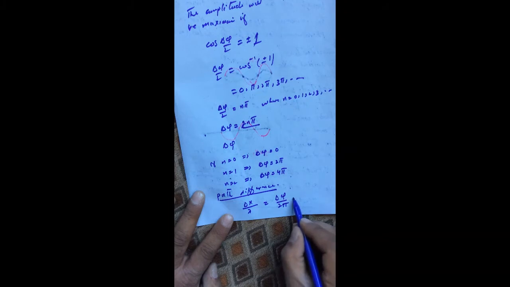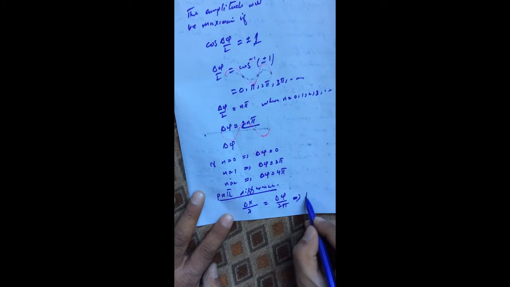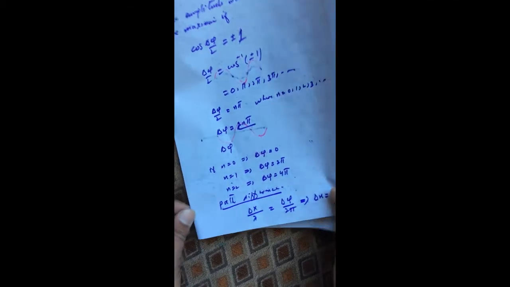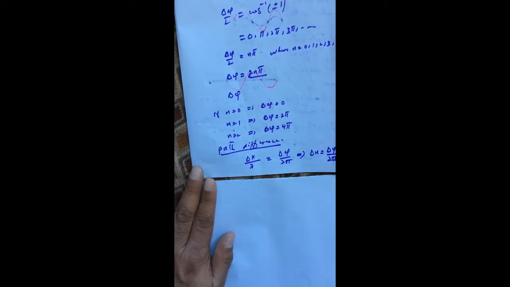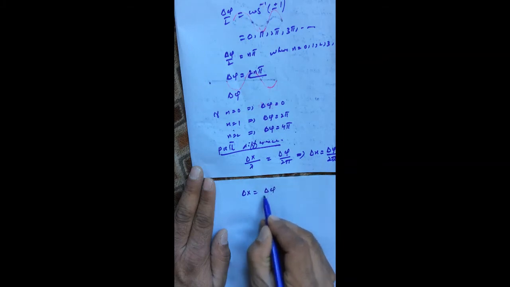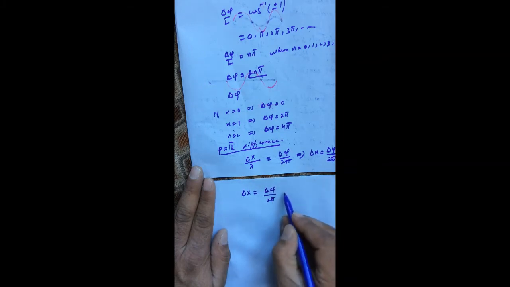So from this we can get the value of the path difference, Δx, which is equal to Δφ/2π times λ.